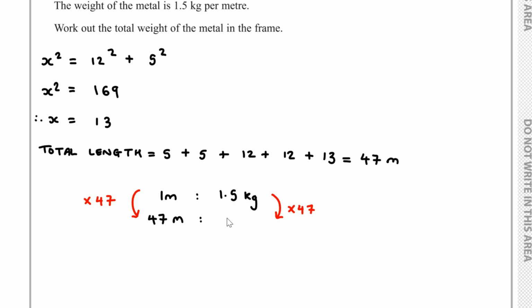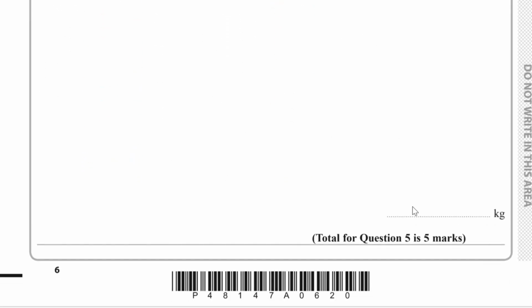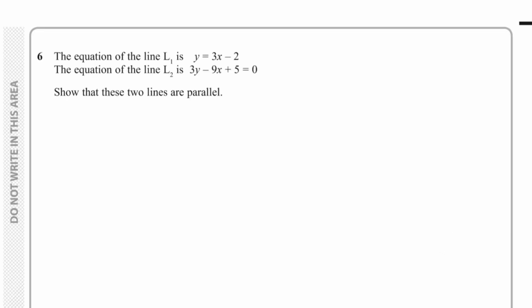So 1.5 times 47, that will equal 70.5. So we've got 70.5 kilograms for the total weight.